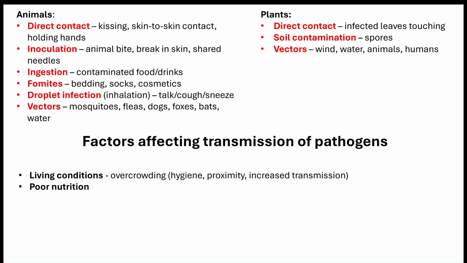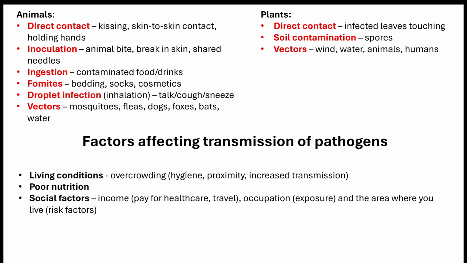If they're having poor nutrition, they're therefore going to have a compromised immune system. They're not going to be able to fight the infection fast enough. That could result in an increase in the transmission. Also, if they are taking, for example, immune suppressant drugs, or if they have HIV, they are going to be immune compromised, and that can also have an effect.